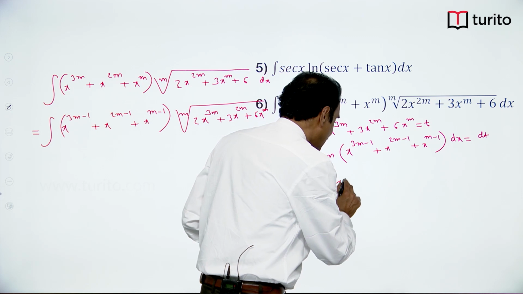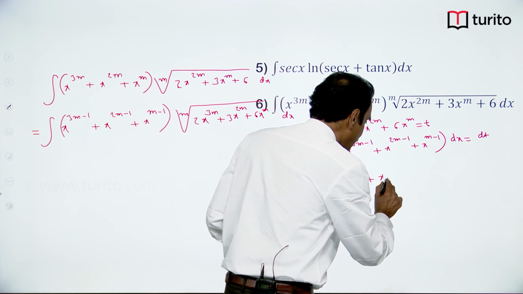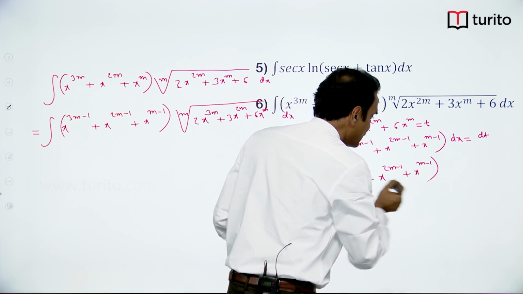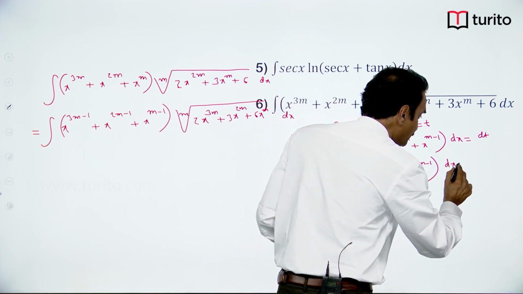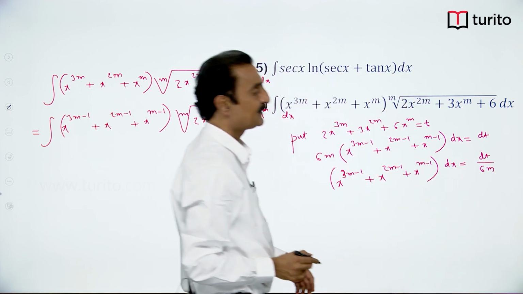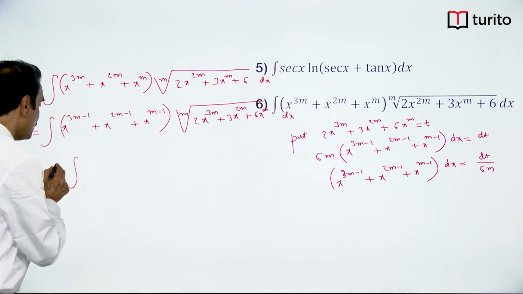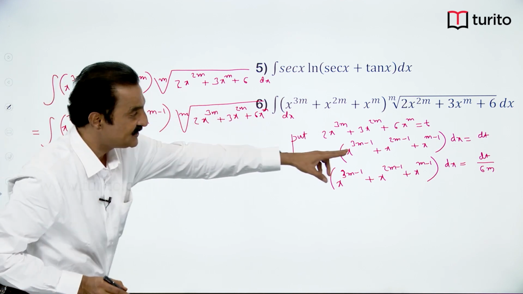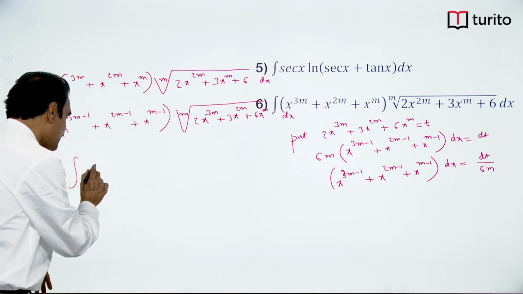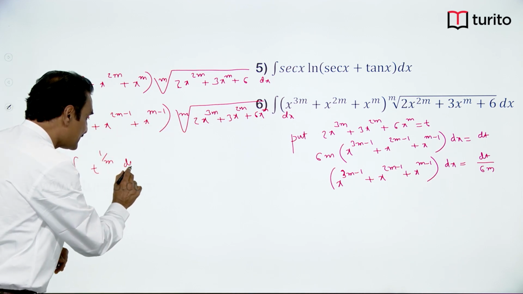So, x power 3m minus 1 plus x power 2m minus 1 plus x power m minus 1, into dx is equal to dt by 6m. Now, over here this into dx becomes dt by 6m, and this is mth root of t. Mth root of t can be written as t power 1 by m, and remaining is dt by 6m.